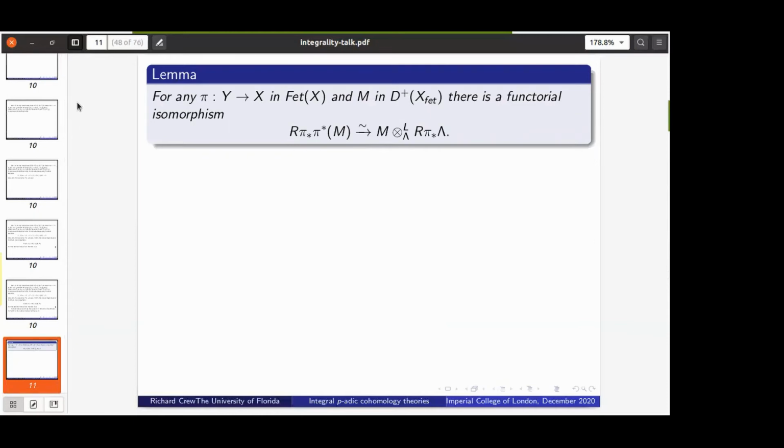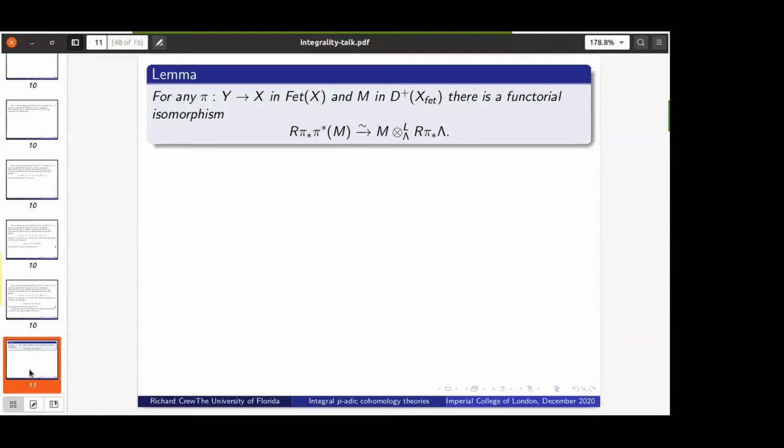Next lemma. For any morphism pi from Y to X in the finite étale site, and for any M in the bounded below derived category of lambda modules on the finite étale topos, there's a functorial isomorphism of R pi lower star of R pi upper star of M with M tensor upper L over lambda with R pi lower star lambda.